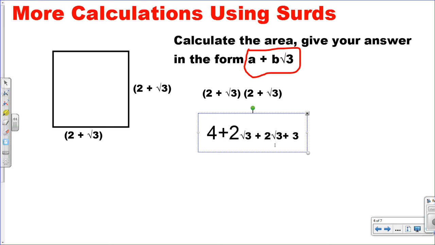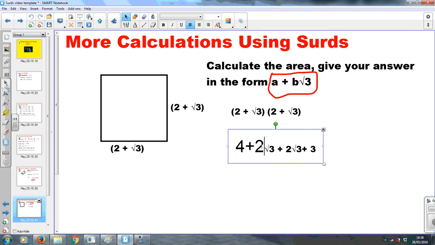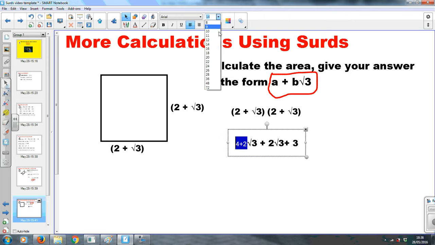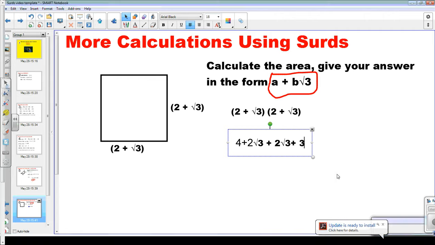Okay, so let's start to collate our values here. Let's probably make these the right size, we're going to get confused. Okay, so let's start to collate our values.